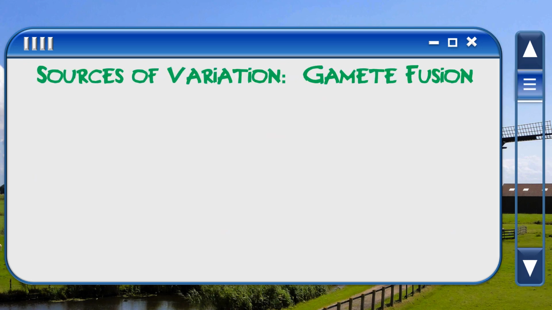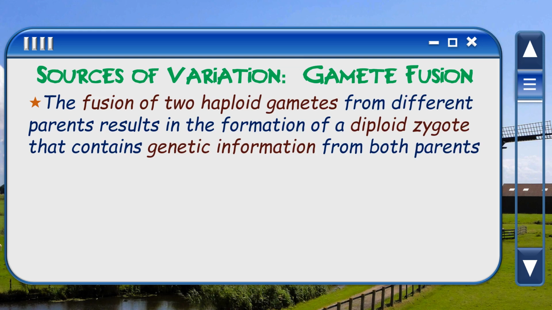Sources of variation still, we are now looking at gamete fusion. During gamete fusion, two haploid gametes from different parents fuse, resulting in the formation of a diploid zygote. This diploid zygote contains genetic information from both parents.